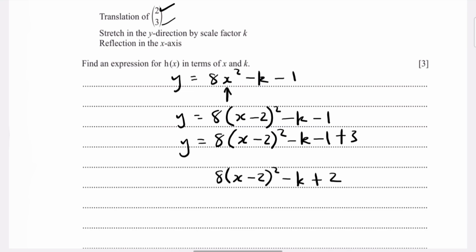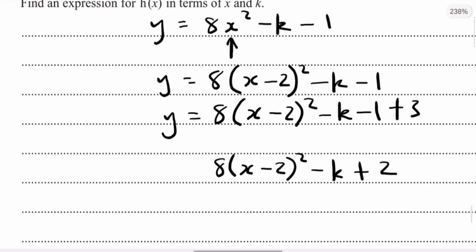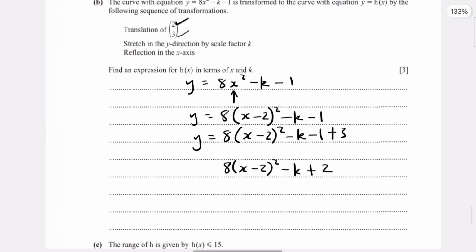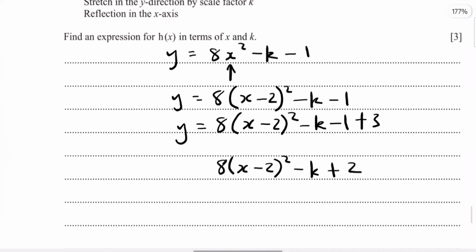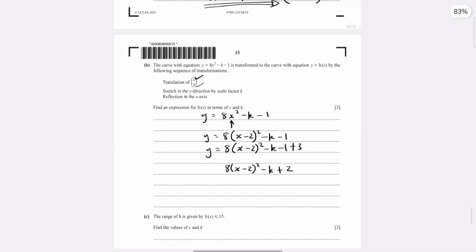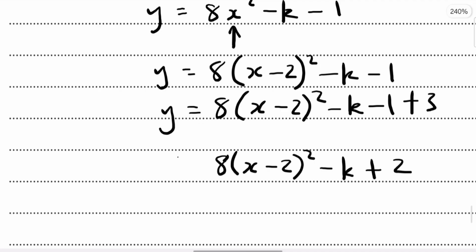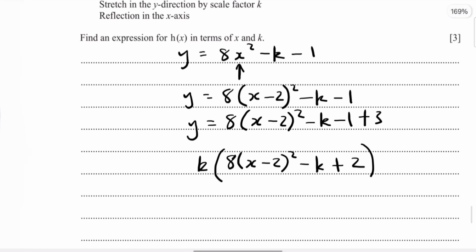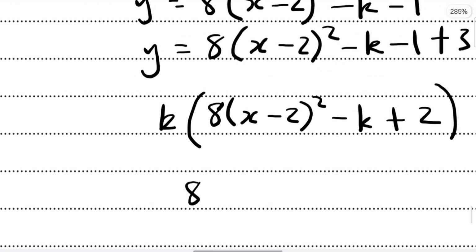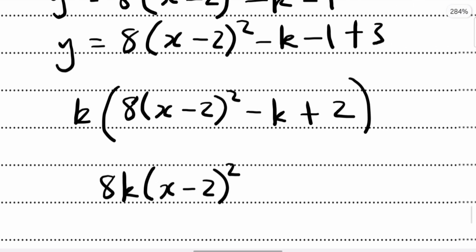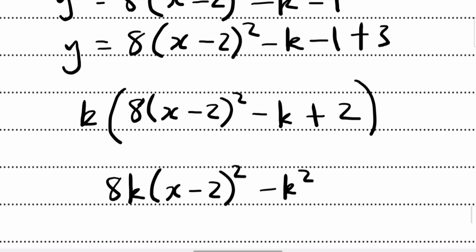Now applying the stretch in the y direction by scale factor k, we just multiply everything by k, because a stretch in the y direction is a stretch of the whole equation. That will give us 8k(x minus 2) squared minus k squared plus 2k.